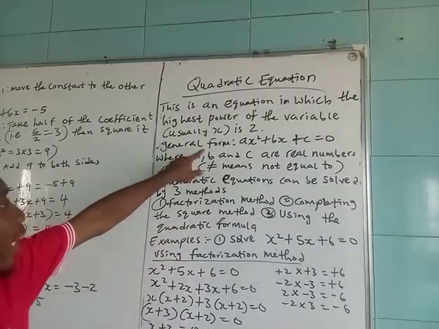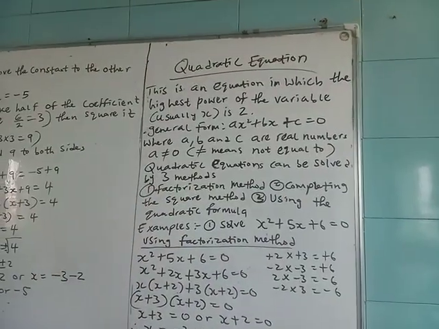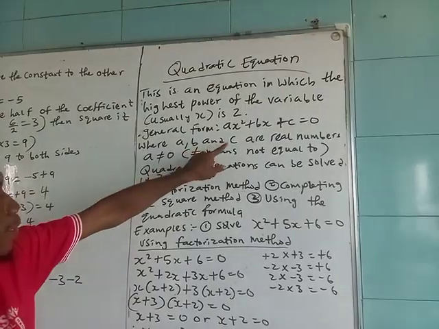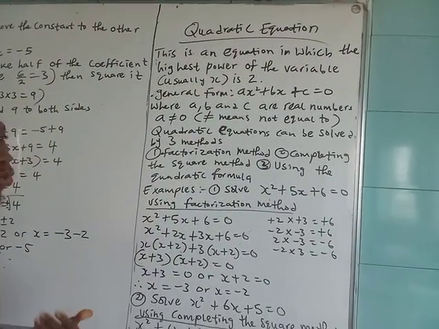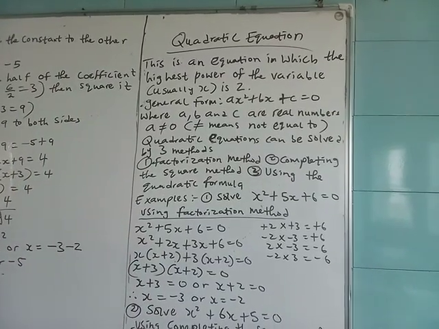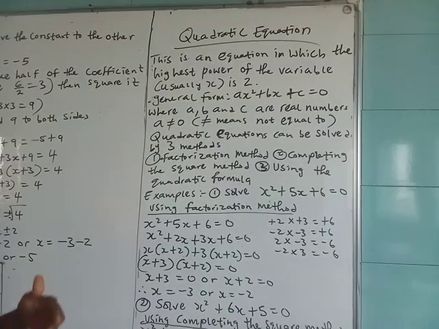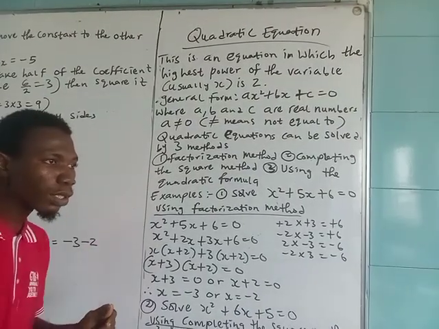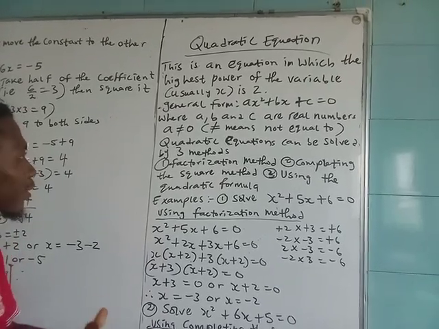The general form of a quadratic equation is ax squared plus bx plus c equal to 0, where a, b, and c are real numbers. They are not numbers with roots. Numbers that have negative roots, we call them complex numbers.